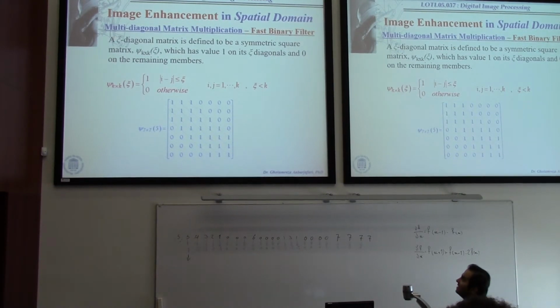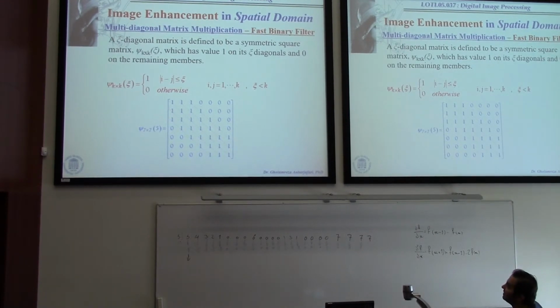As you can see here, it's a matrix. The size of the matrix is k by k. For example, we have the 7 by 7 here. In the case that the absolute value of i minus j is less than or equal to xi, you write 1 in the matrix, and otherwise you write 0.